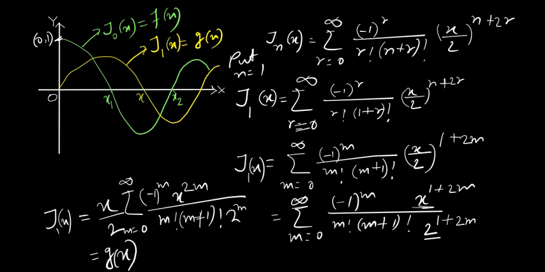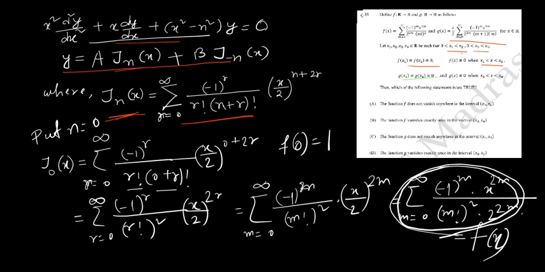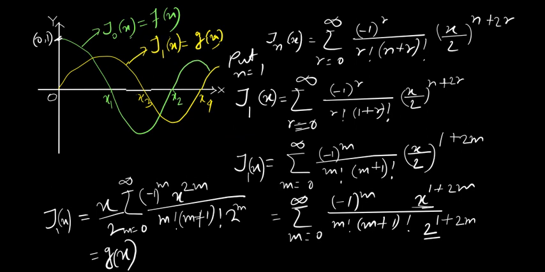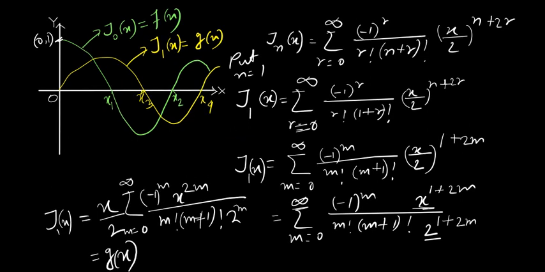Suppose x3 is this and x4 is this. Now in the first option, the function f(x) does not vanish anywhere in the interval between x3 and x4. But between x3 and x4, f(x) is 0 at x2. So option A is incorrect.